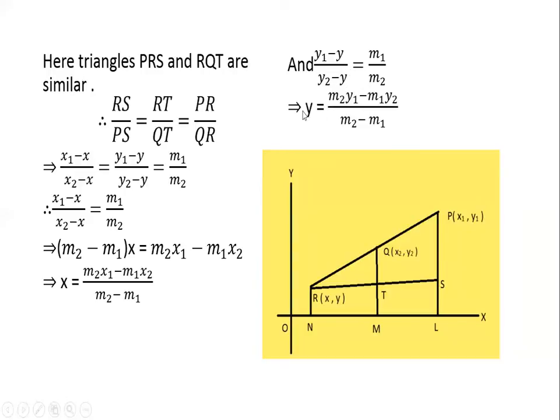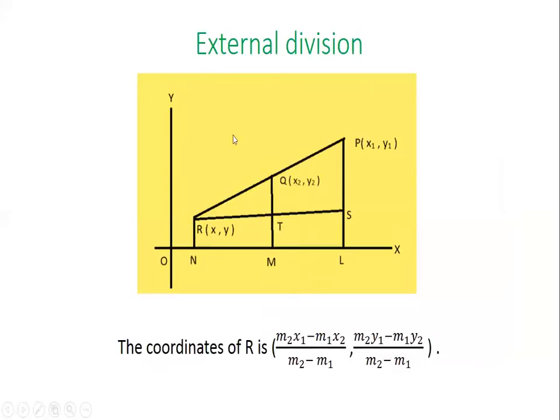From this, we can write y equal to m2 y1 minus m1 y2 by m2 minus m1. So finally for external division, we get the coordinates of R is m2 x1 minus m1 x2 by m2 minus m1, comma m2 y1 minus m1 y2 by m2 minus m1.